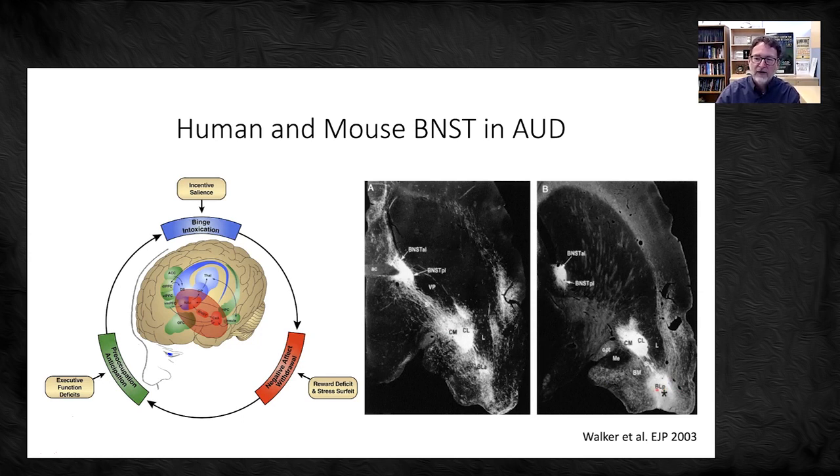So this is an anterograde tracer that was placed into the posterior portion of the basolateral amygdala. And you can see, as you would predict, that there are large projections to the central nucleus of the amygdala, but then you can also see here equally large projections to the BNST. And so the BNST and the central nucleus together are two of the very largest outputs of the basolateral nucleus.